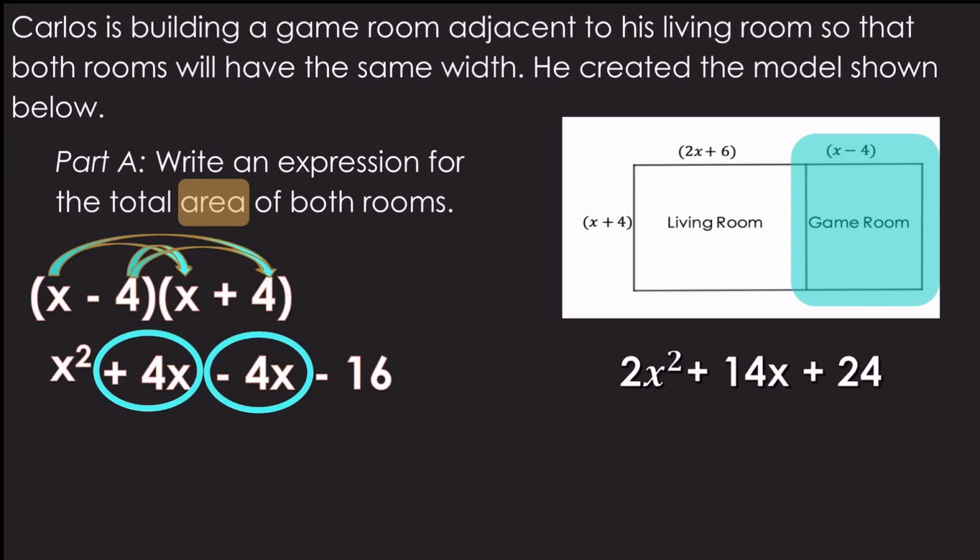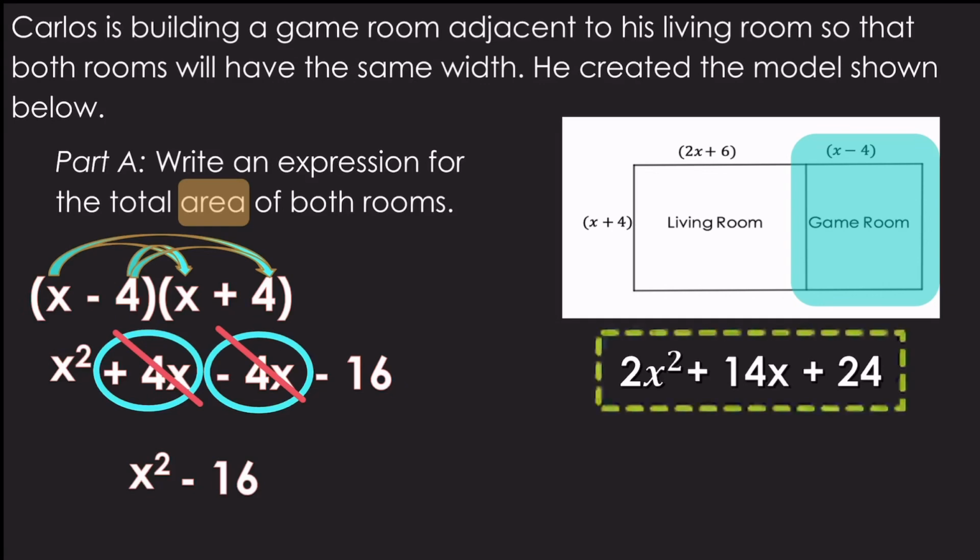Yes, there's an x squared, but that has a square on it, so it's not a like term. So when I combine these, I'm left with x squared. Those cancel out. A positive and a negative of the same thing, they're gone. And then negative 16. So that right there is the area of my game room.